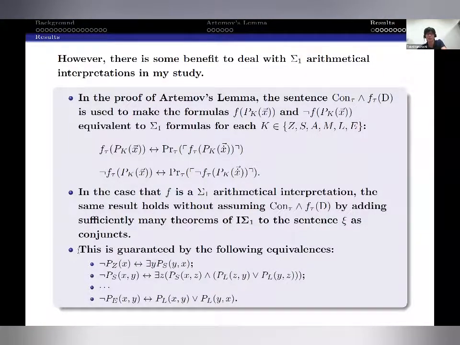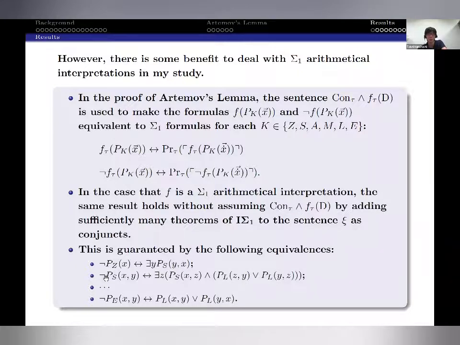And this is guaranteed by the following equivalences. For example, I forgot to write down f, but if ψ is a Σ1 sentence, then ∃y ψ is also Σ1, and the negation of x = 0 means that x is not 0. x is not 0 is equivalent to the statement that there exists y such that the successor of y is x.